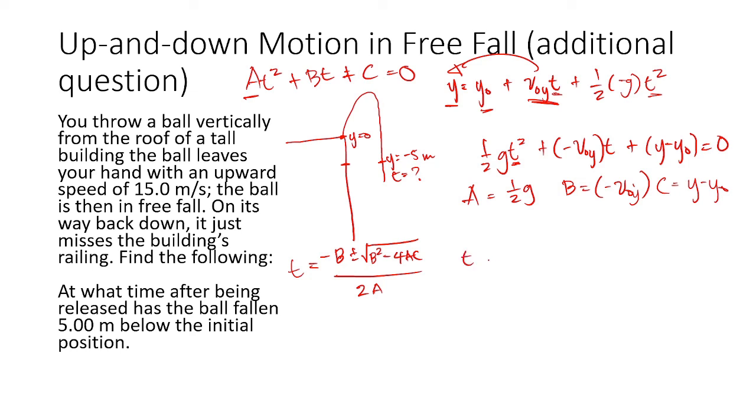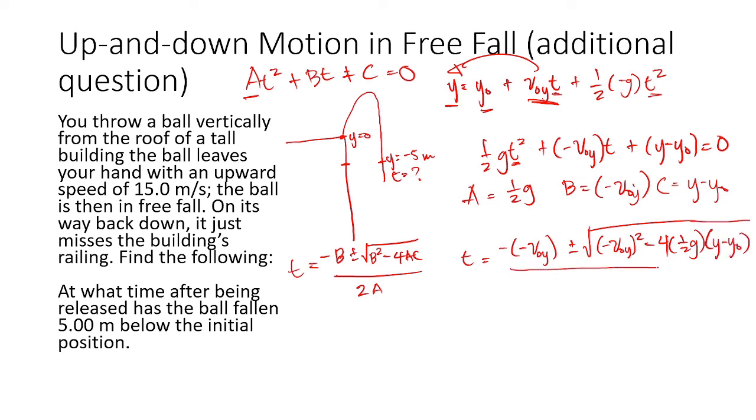So, we'll have here t will be equal, or time will be equal to negative v naught y plus or minus the square root of b squared minus 4 times a, which is negative 1 half g, times c, which is y minus y naught, all over 2a, which is 1 half g.